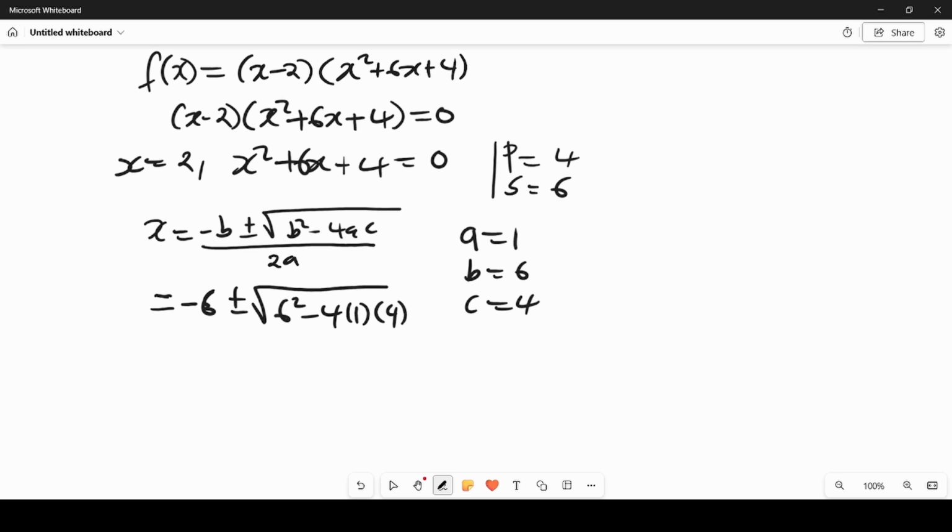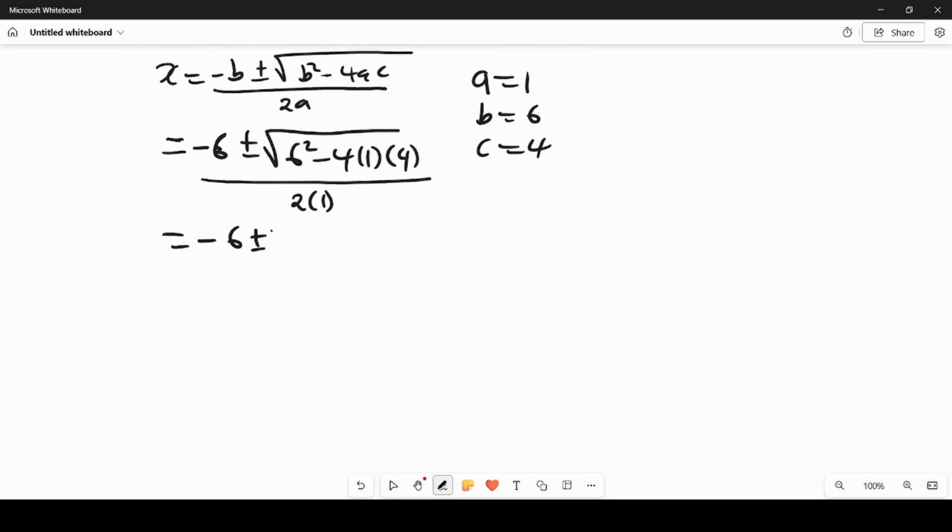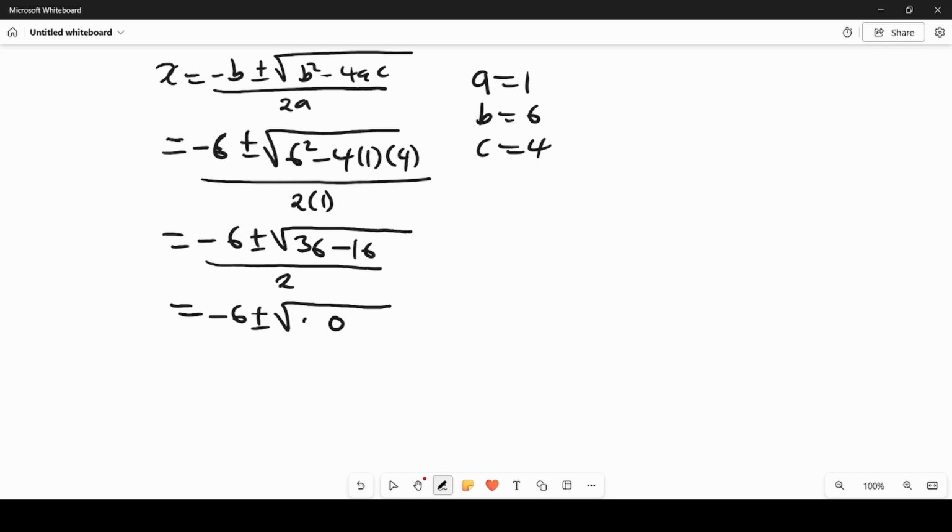Our c? 4, over 2 times 1. So this is minus 6 plus or minus square root of 36 minus 16, over 2.